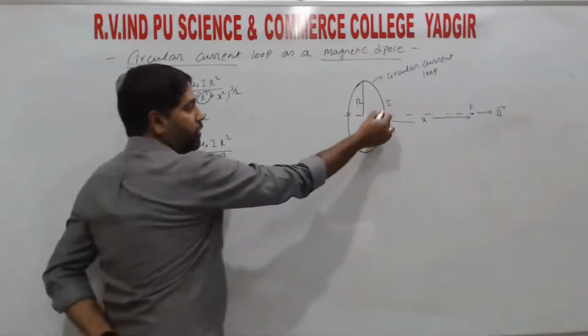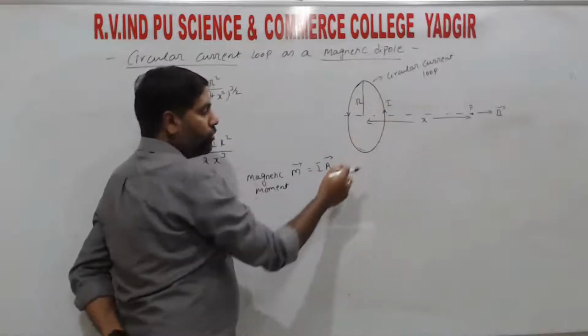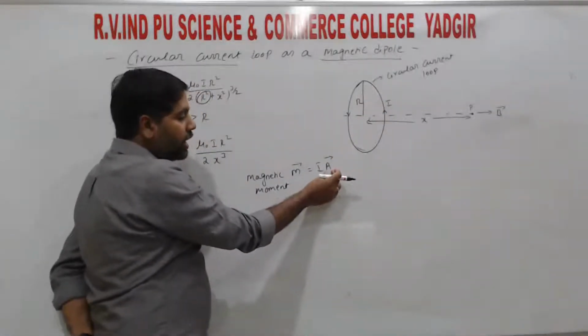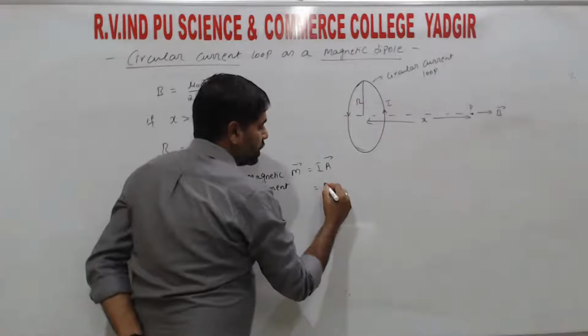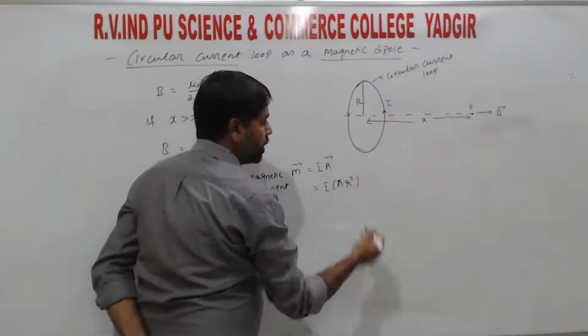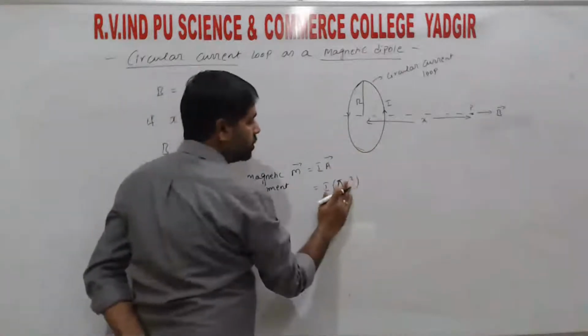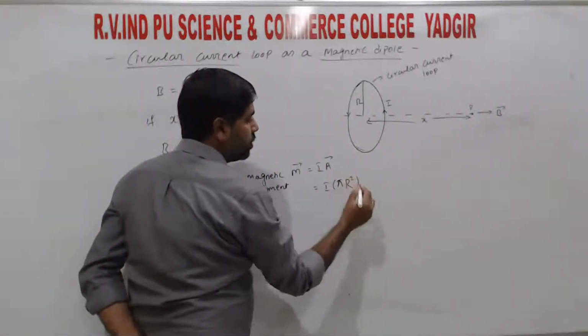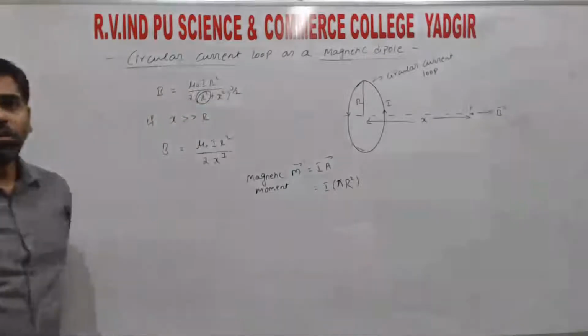So the current flows in the circular loop. So we take this as the area of the circular loop, right? So that is I into, the area of the circle is pi r square. So radius is r, so we take r square. So I into pi r square.